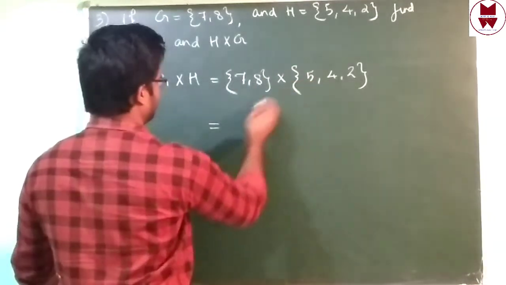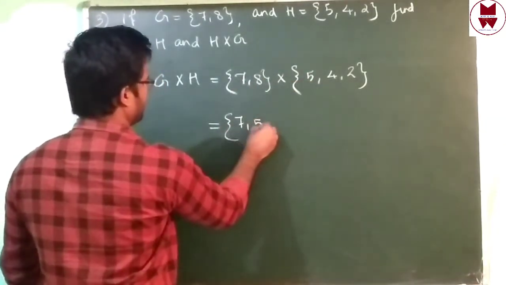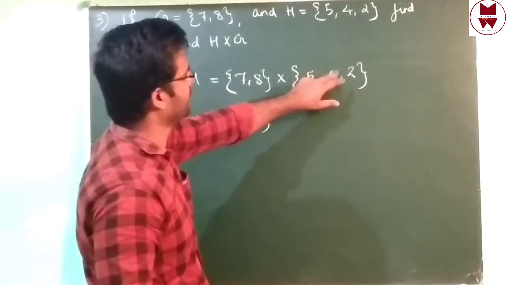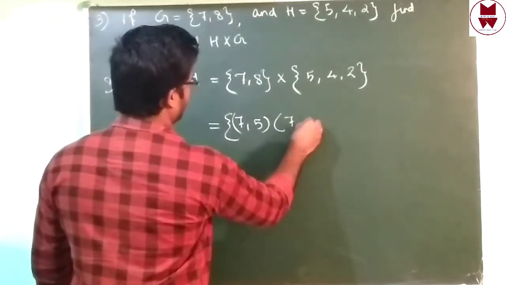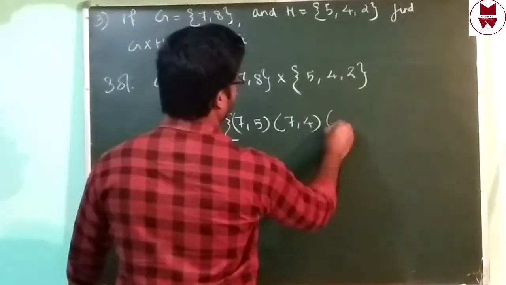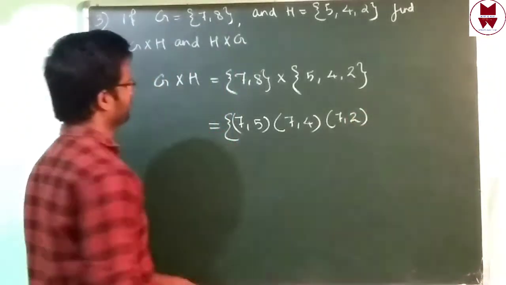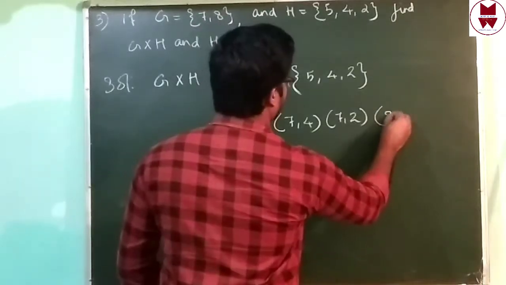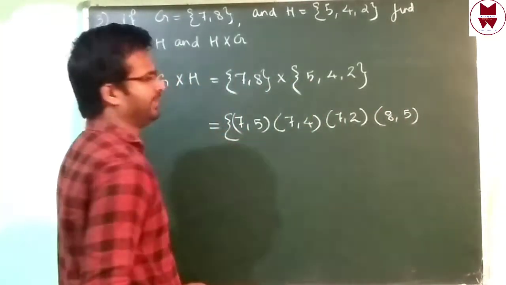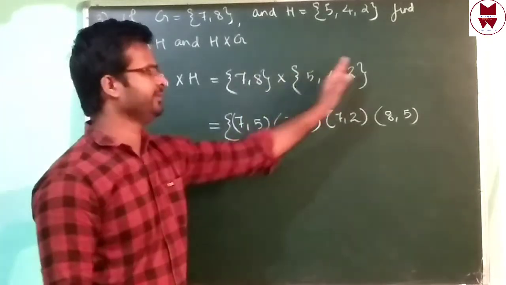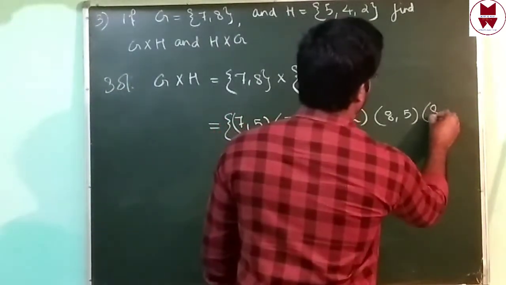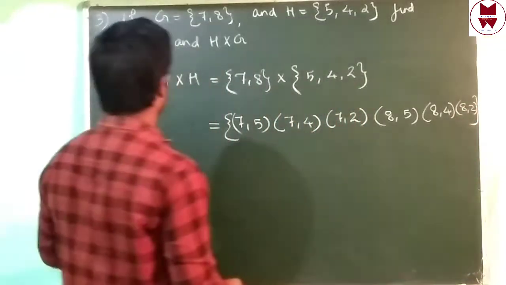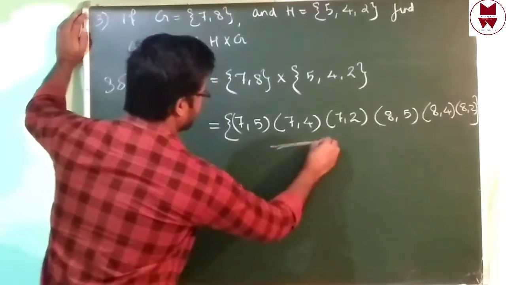First element with first element: 7 and 5 make one relation, then 7 and 4, then 7 and 2, so 3 times. Then using 8 also, you can make 8, 5, then 8, 4 and 8, 2. This is our G cross H.